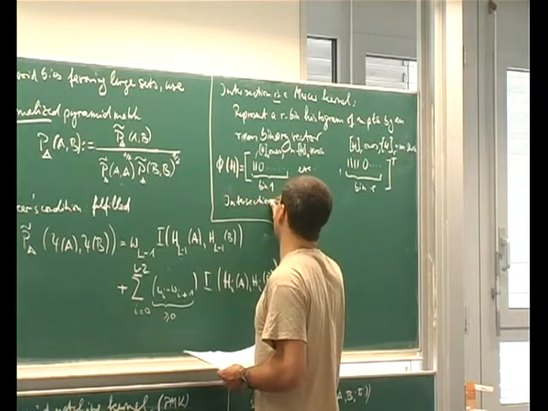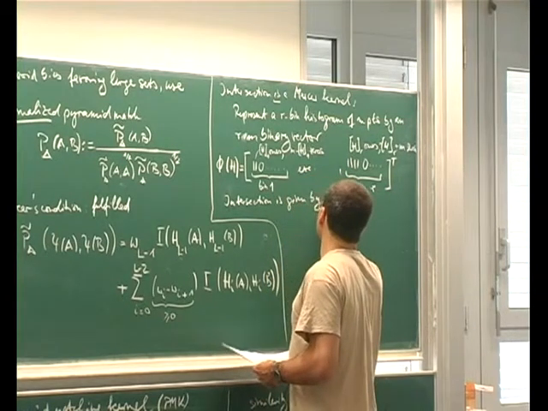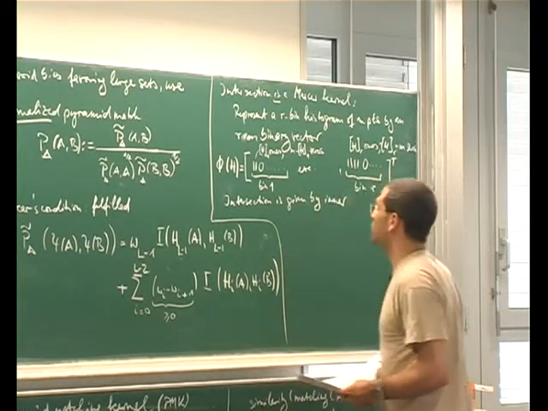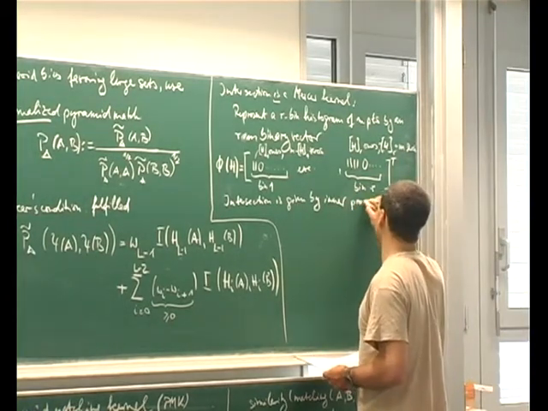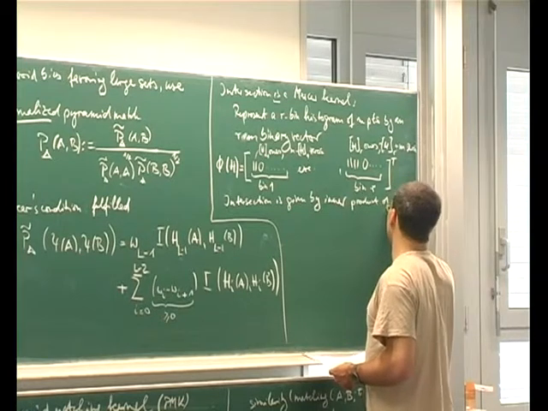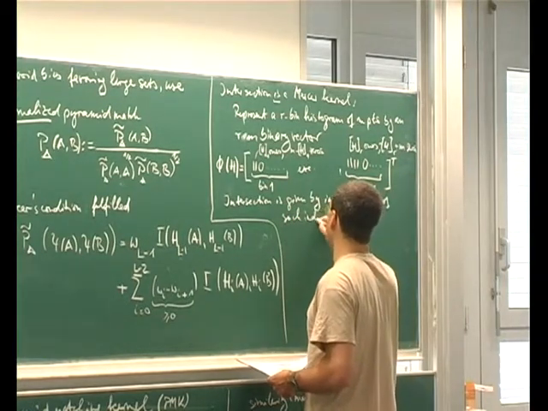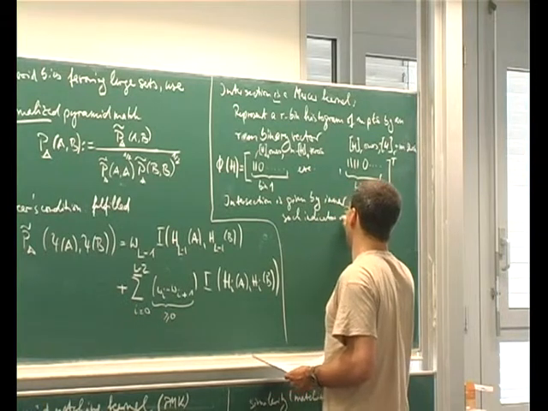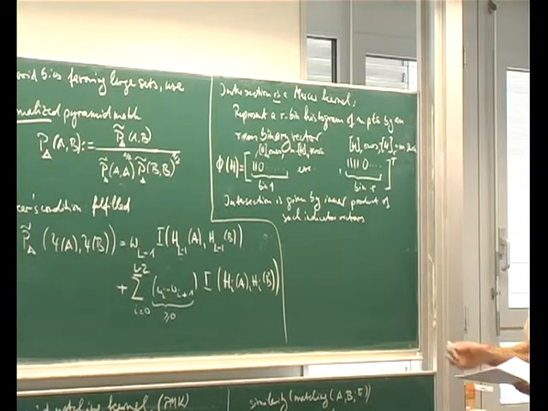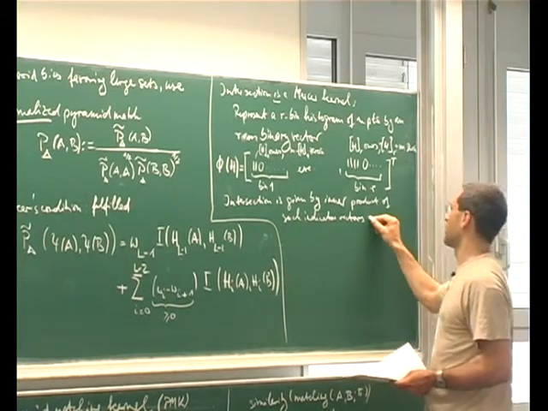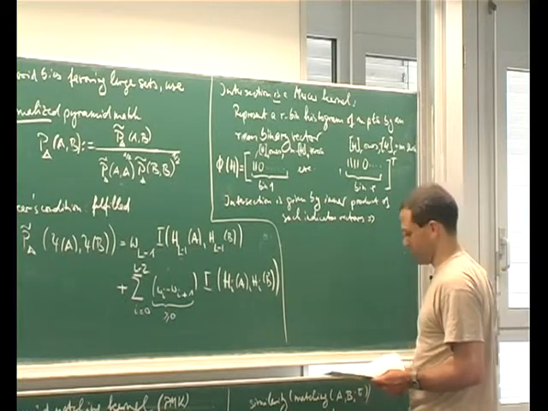So intersection between two histograms is given by the inner product of such indicator vectors. And because we can write it as an inner product in this high dimensional space, this means that it is a Mercer kernel.